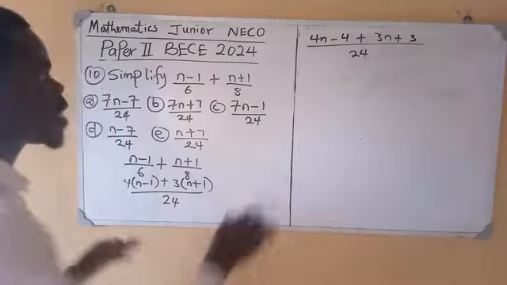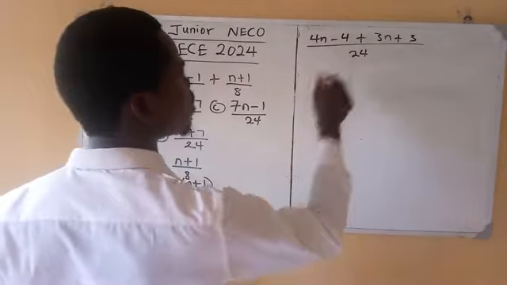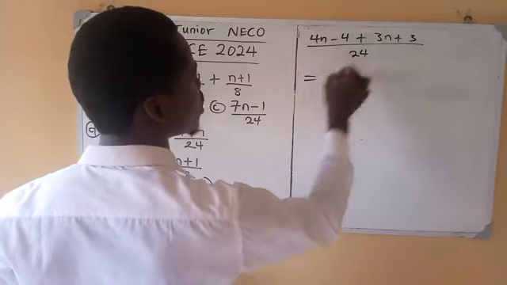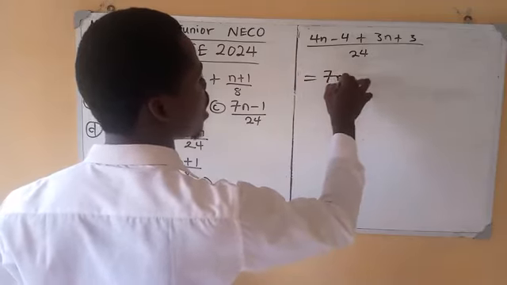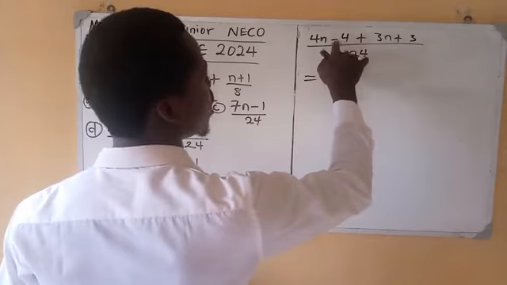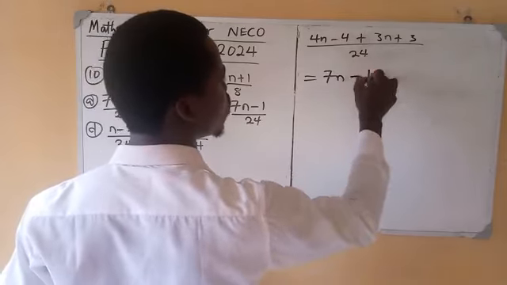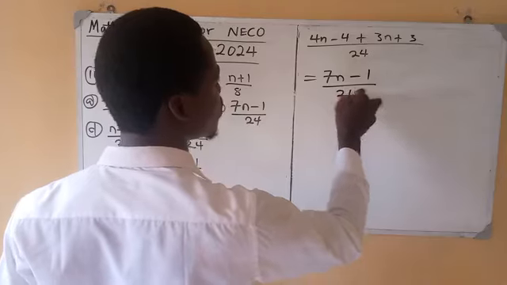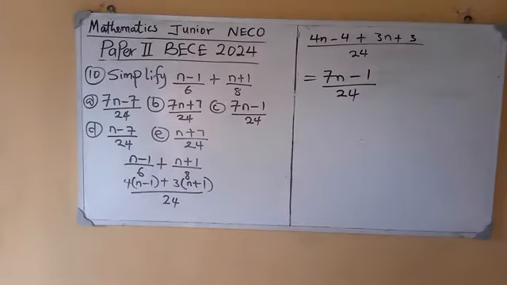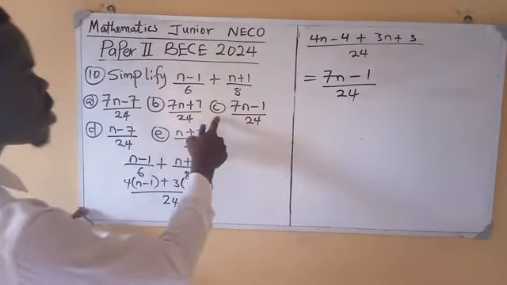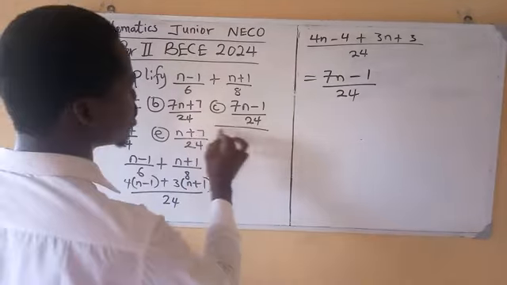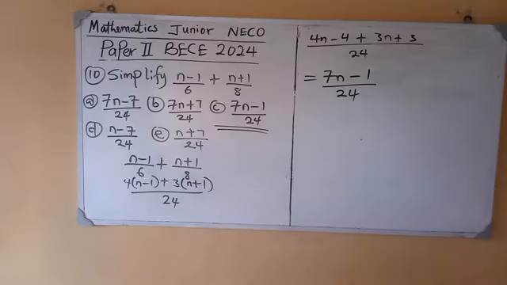So when we collect like terms, 4n plus 3n will give us 7n. And then minus 4 plus 3 is minus 1, over 24. So you can see that option C is the correct answer. Okay, so option C is correct.